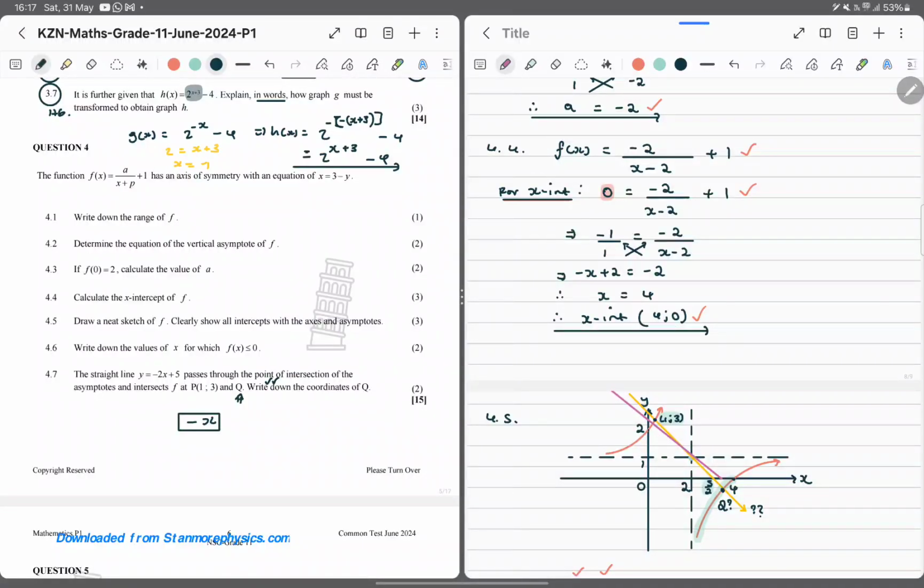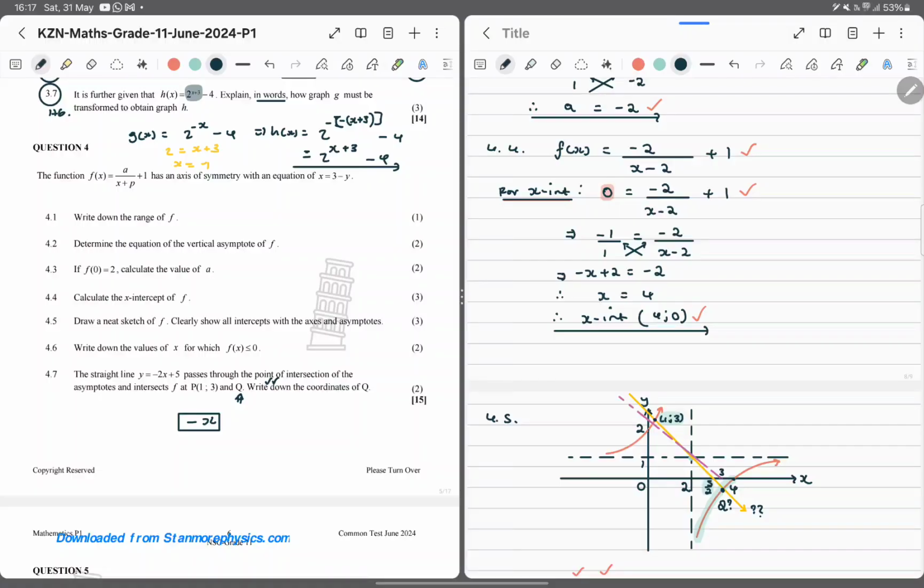Yeah, this is the axis of symmetry. So it will pass at 3. This graph is becoming busy now.